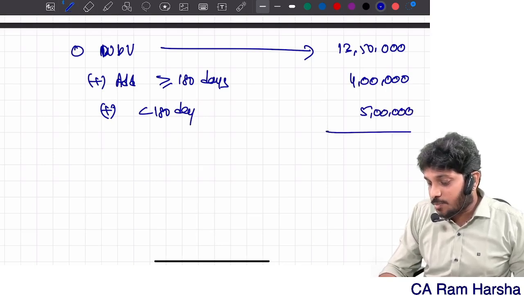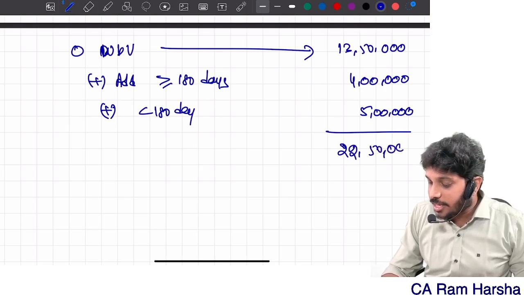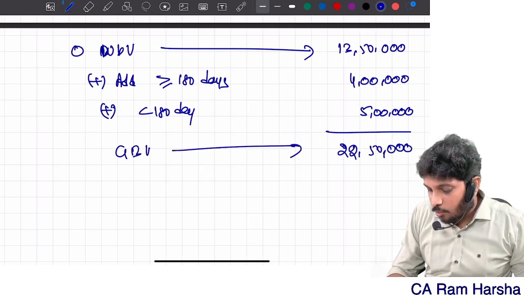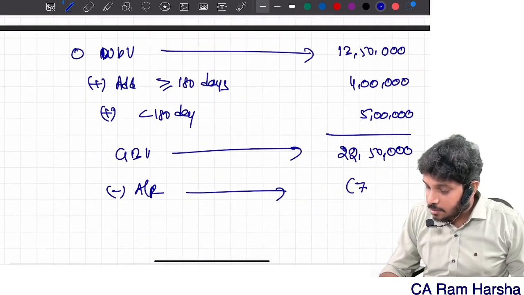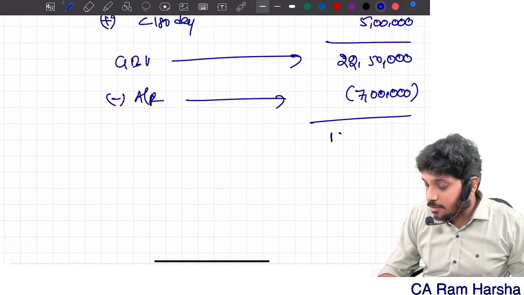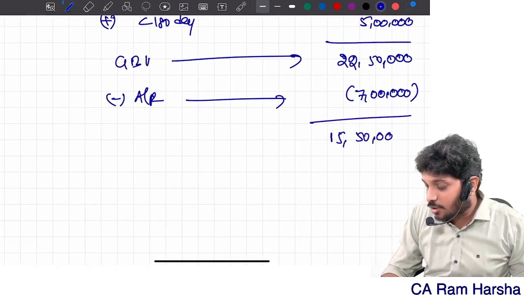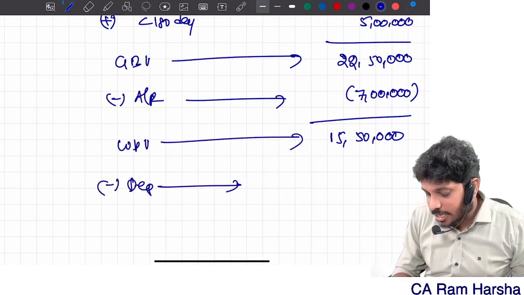What is the gross block value? 9 plus 23, 22 lakh 50,000. What is the amount received? 7 lakh. What is the value balance? 15,50,000. This is the written down value, minus depreciation, working note 1.